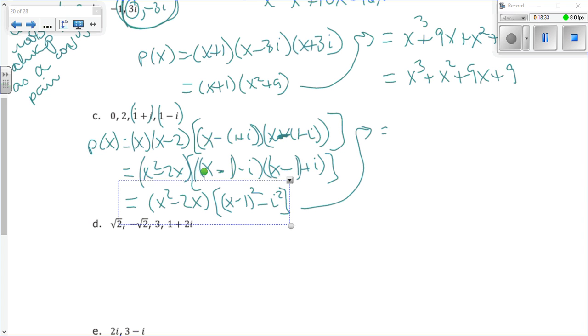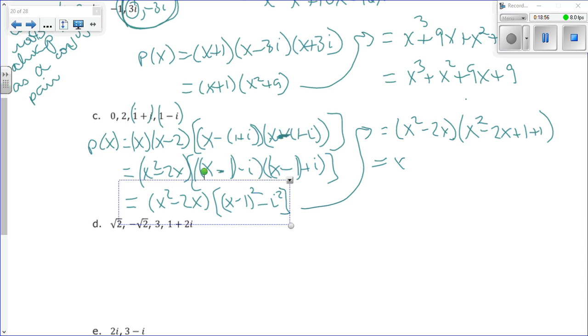So we will have x squared minus 2x times, if I clean this up and multiply here, x squared minus 2x plus 1, and then the minus i squared becomes another plus 1.